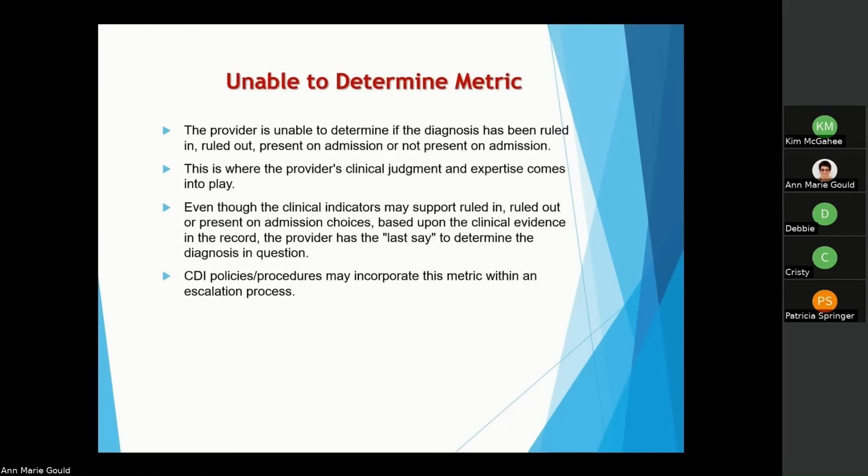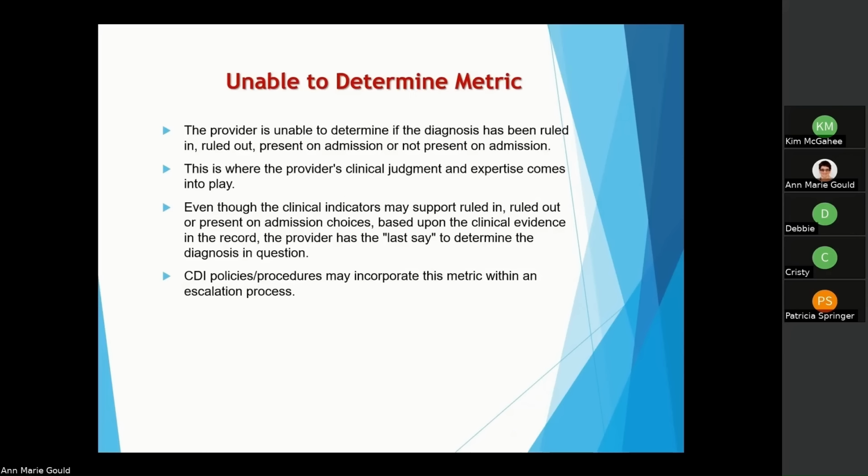And then, of course, the unable to determine metric. The provider is unable to determine if the diagnosis has been ruled in, ruled out, or present on admission, POA. This is where your provider's clinical judgment and expertise comes into play. Even though the clinical indicators on that query may support the rule in, rule out, or present on admission choices, the provider has the last say to determine the diagnosis in question.